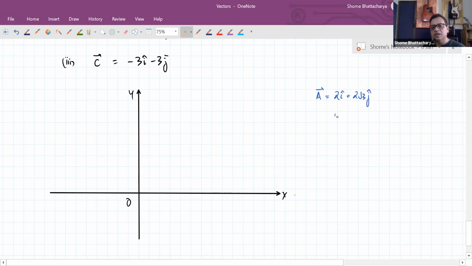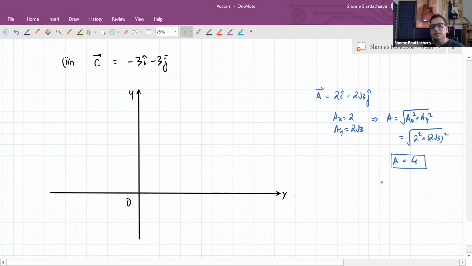When you analyze this, you can see the x component of a is 2. The y component of a is 2 root 3. So this immediately means that the magnitude of the vector, which is given by this formula, if we just substitute these values, you can see that that will become 4. So the magnitude of the vector is 4 units.